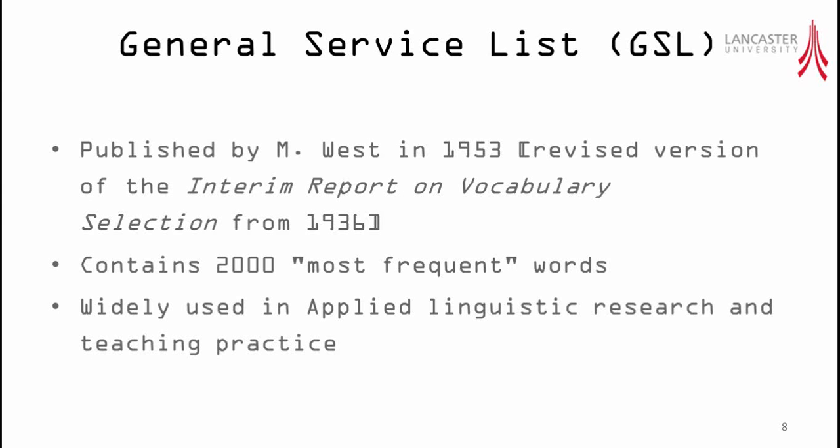Michael West's General Service List is a good, stable list of 2,000 most frequent English words that was based on an interim report on vocabulary selection from 1936, although it was published only in 1953. This list is widely used in applied linguistic research and teaching practice.